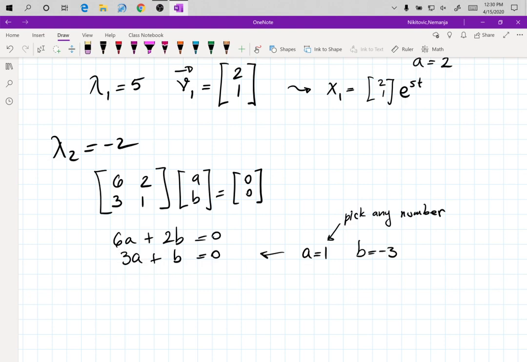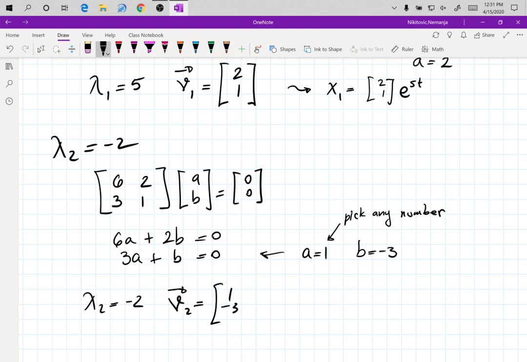I don't want to pick a single because then I have to divide by 3 to solve for A. You don't have to do that. You can literally pick whatever you want. You can pick A to be 7 and go from there. It doesn't really matter.